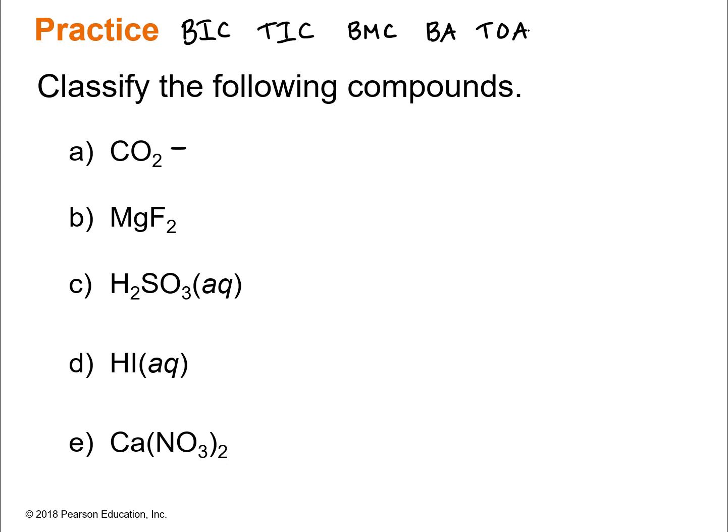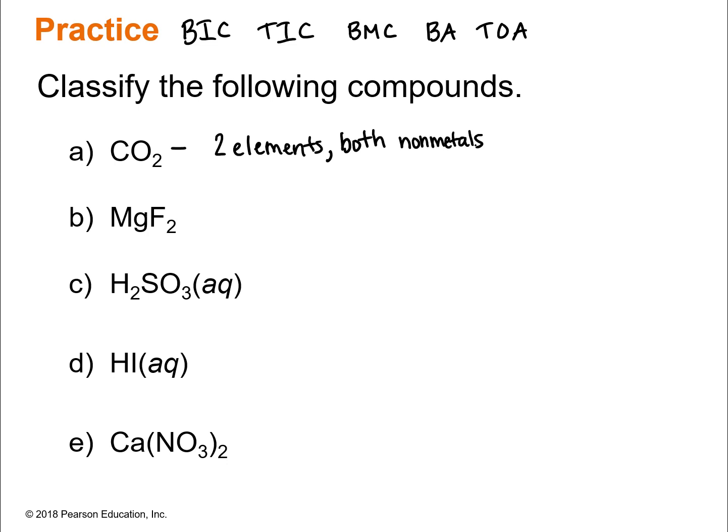I look at how many elements I have. Here I see two. And I look at whether or not the elements are metals, nonmetals, or combination. In this case, they're both nonmetals.